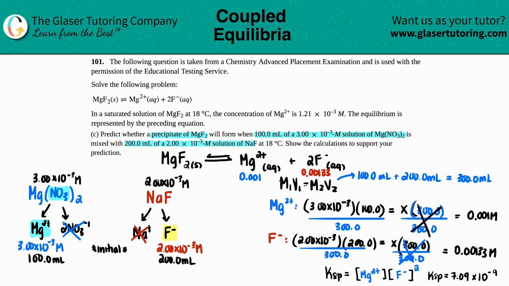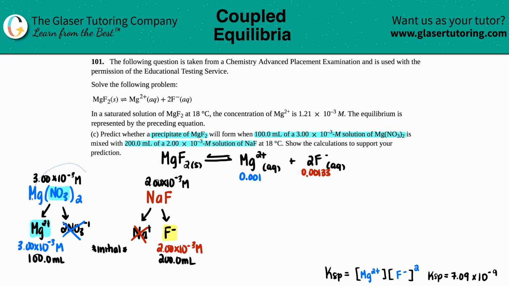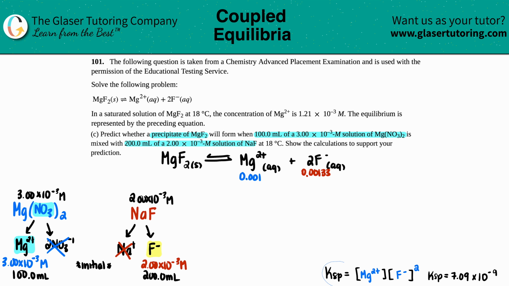I'm just going to get rid of the M1V1s because there's a little bit more math that I need to do. So here we go. Okay, cool. Now, we're going to bring in the KSP equation.